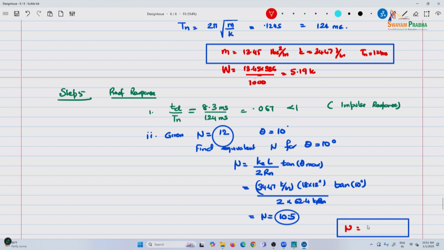So limit it to the lower one. So in steel you will find, pre-stressed concrete and others you will find this option.